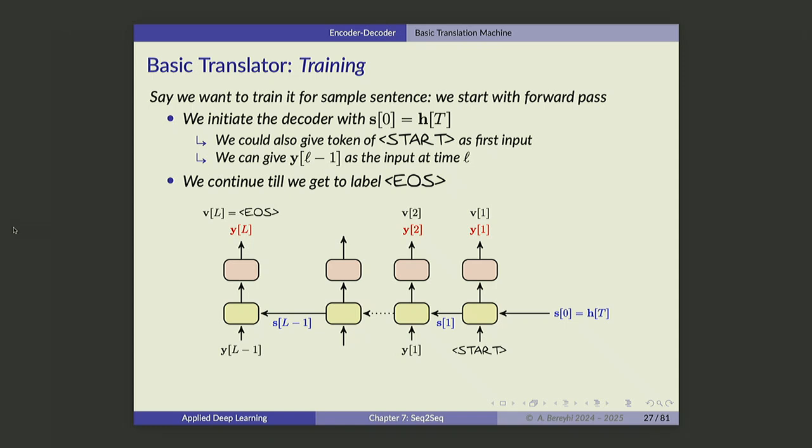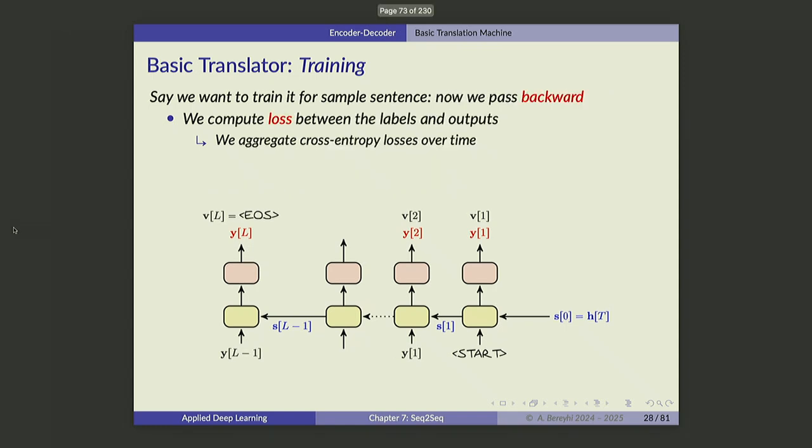You compute the loss, you minimize it by backpropagation, and you keep doing it for lots of German-English translations. And then if you have done it on a large enough data set, gradually it starts to translate any German sentence into English. Everybody's cool? So that's basically what we did.